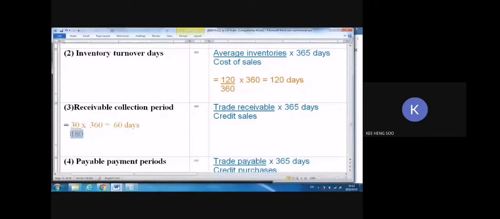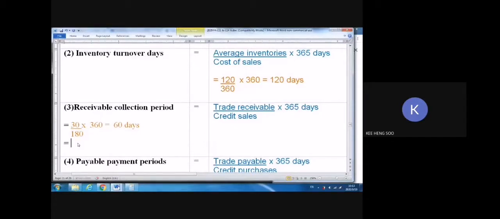Okay, so it takes me 60 days to collect. Total sales is 180. End of the year, I got 30,000 receivable. That means it takes me so-called 60 days or so-called 6 times. If you want to put the formula the other way, that means 6 times.